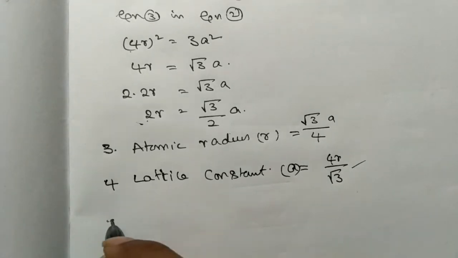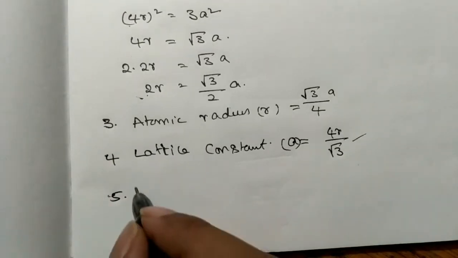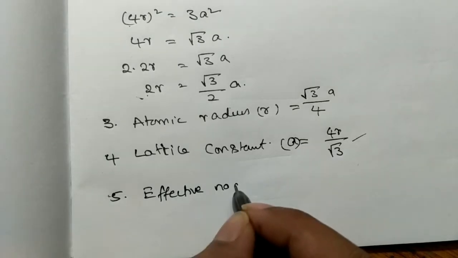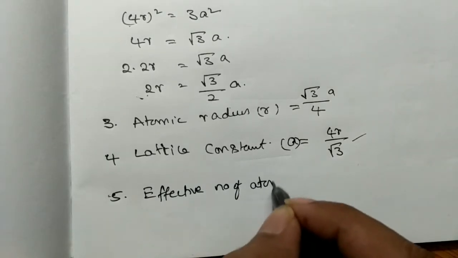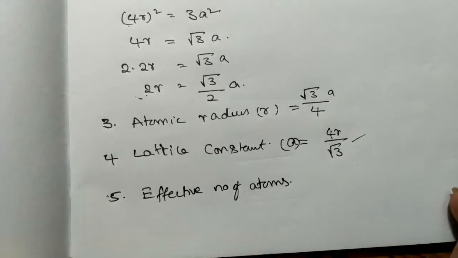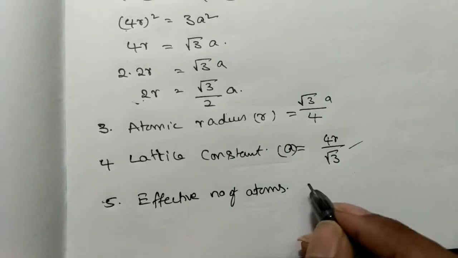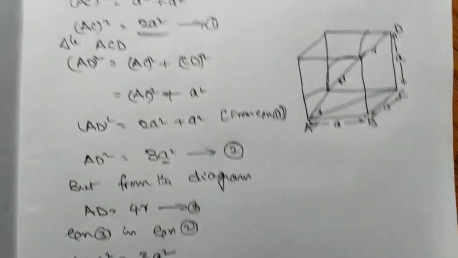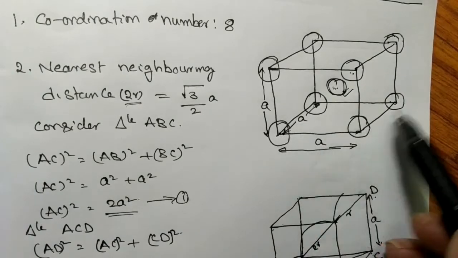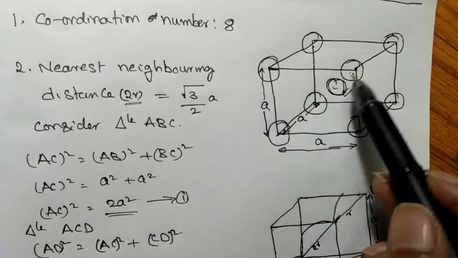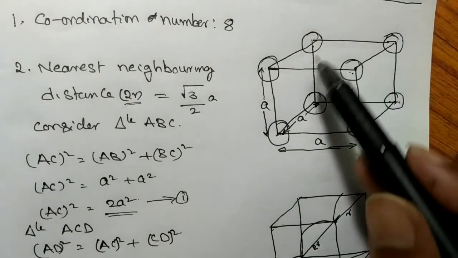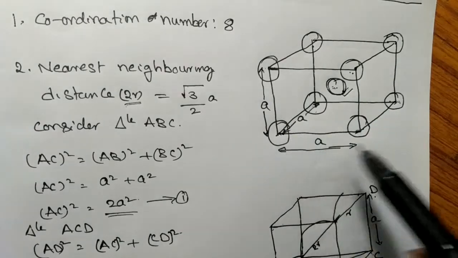Next one, the fifth point is the effective number of atoms. That means the number of atoms present in the unit cell. Here, like simple cubic, 1 2 3 4 5 6 7 8. 8 atoms are there. 8 means 1 by 8th parts.